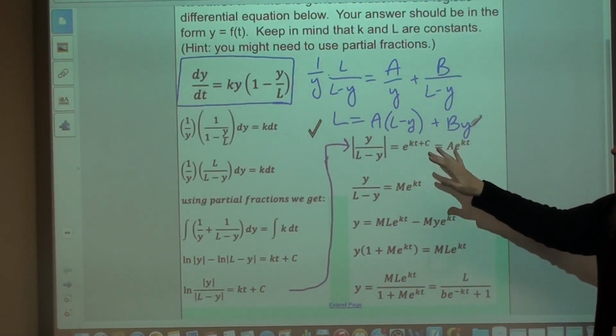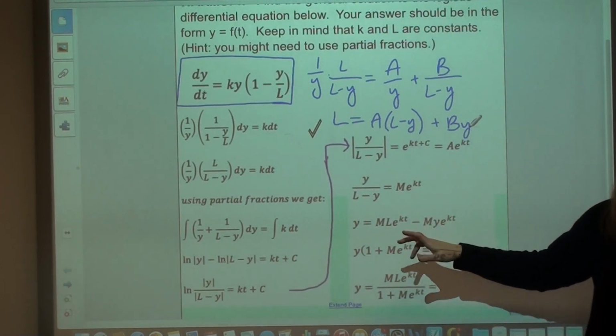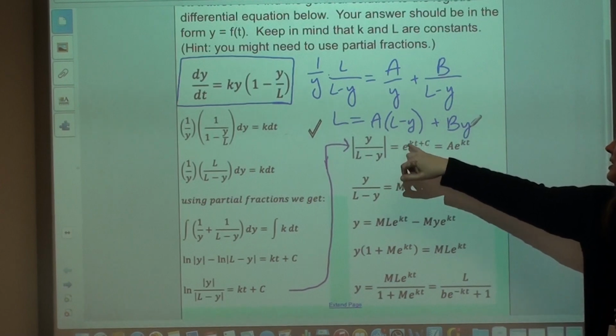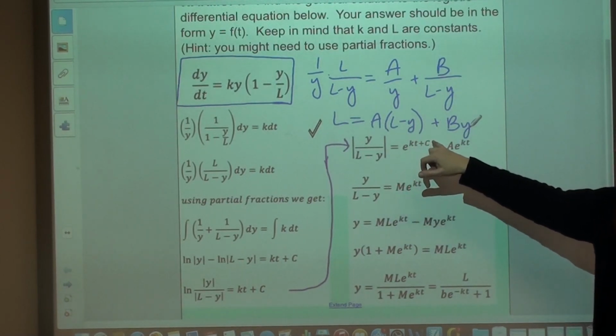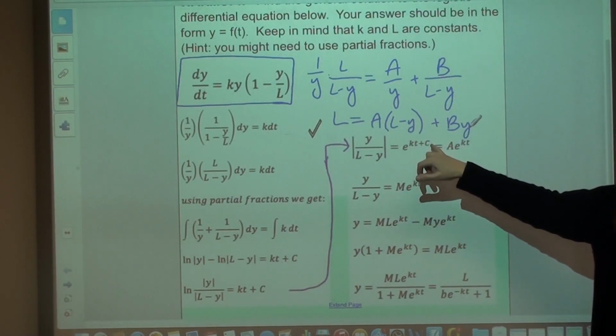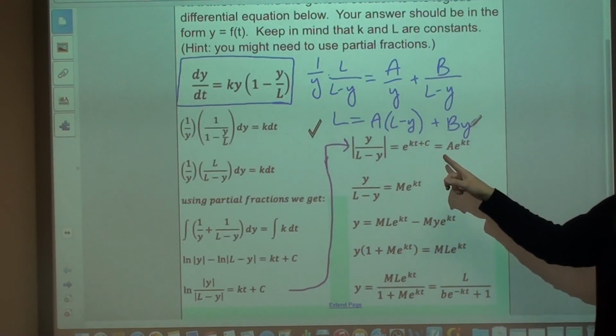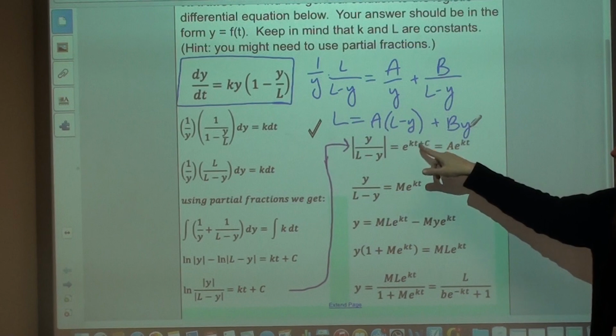I personally rewrite my constant whenever it gets modified. So, for example, this is e to the kt times e to the c. E to the c is not the same thing as c, so I don't feel right just writing c when it's no longer c.